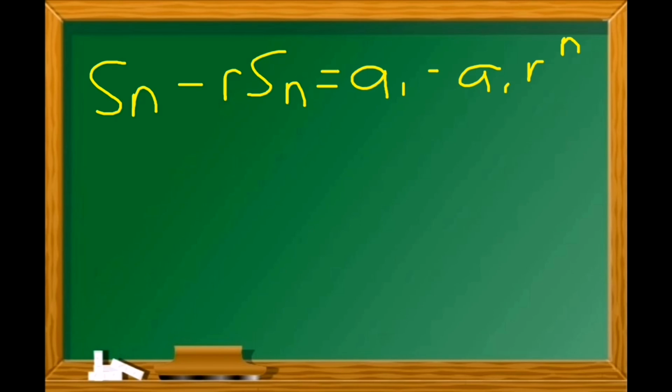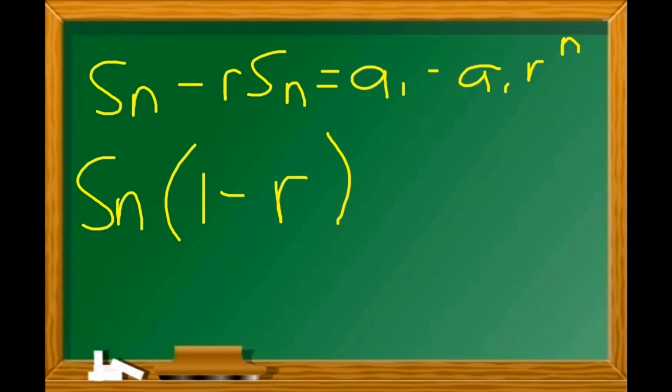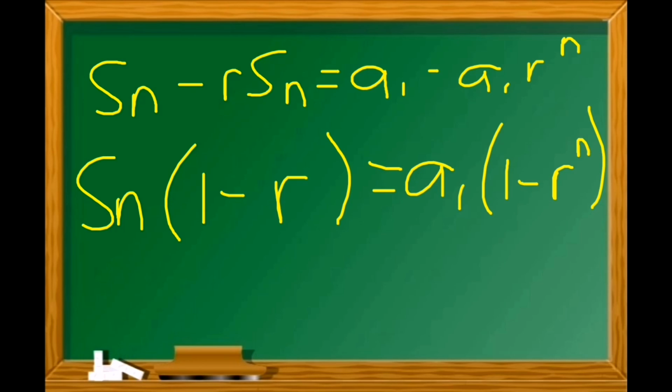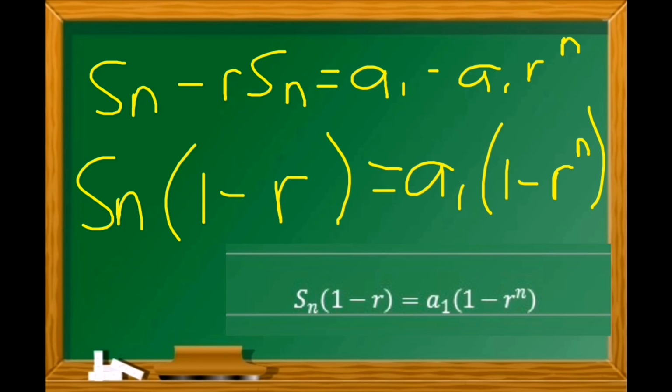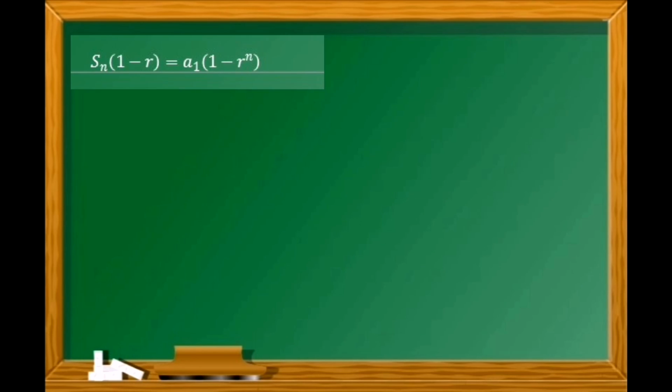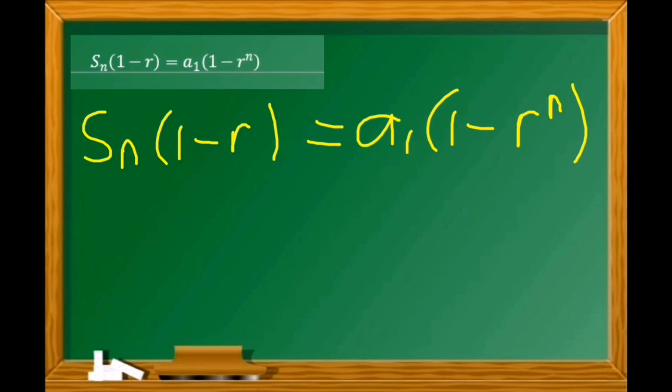To simplify the equation, factor both sides. On the left side, the product of S sub n and quantity 1 minus r. On the right side, the product of a sub 1 and quantity 1 minus r to the n. We got the simplified form. To derive the formula for S sub n, divide both sides by 1 minus r.